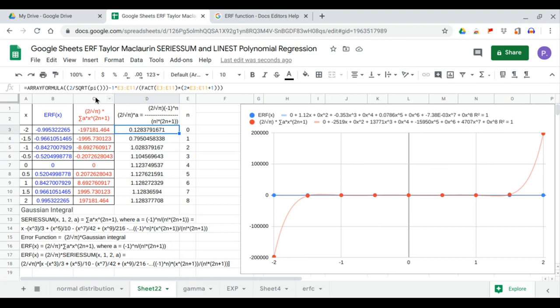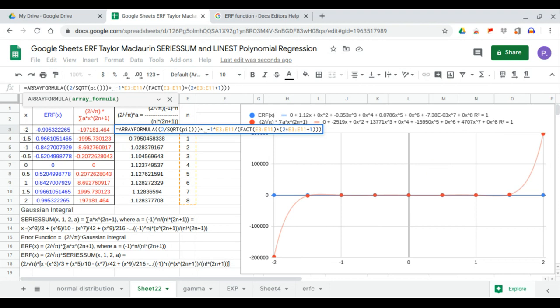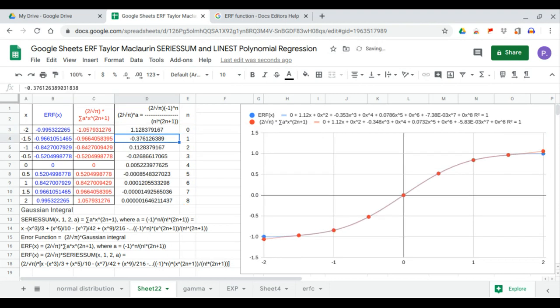Looks like this is wrong. We missed something. That's better. Now they're on the same line.